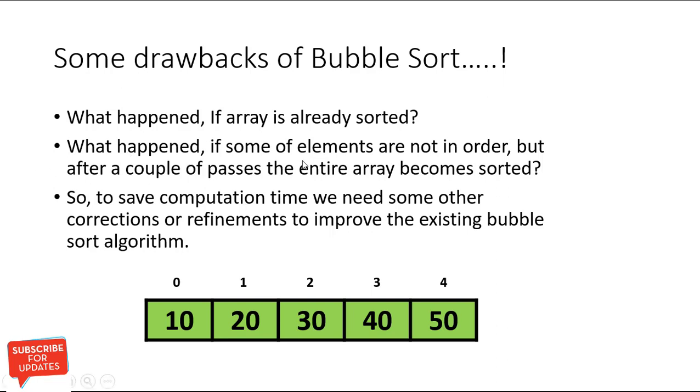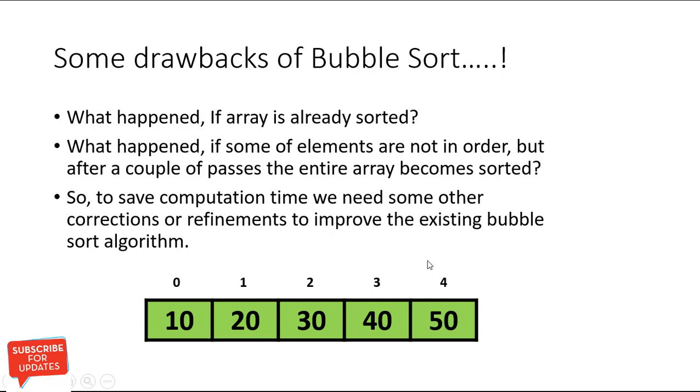What happens if some elements are not in order, but after a couple of passes the entire array becomes sorted? Suppose after 1 or 2 iterations the array becomes sorted, but it will still go to the end. It will take the full time. So to save computation time, we need some corrections or refinements to improve the existing bubble sort algorithm.